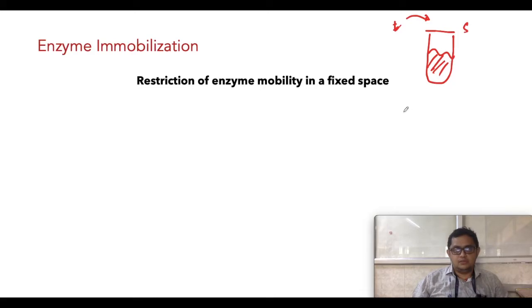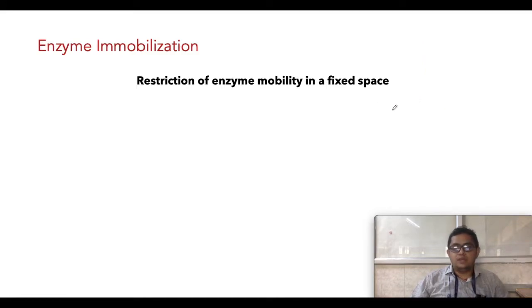So in this, you are going to arrest the movement of an enzyme by attaching it to a solid support, either in this way or there are other methods available. Basically, you are arresting the movement in a fixed phase.